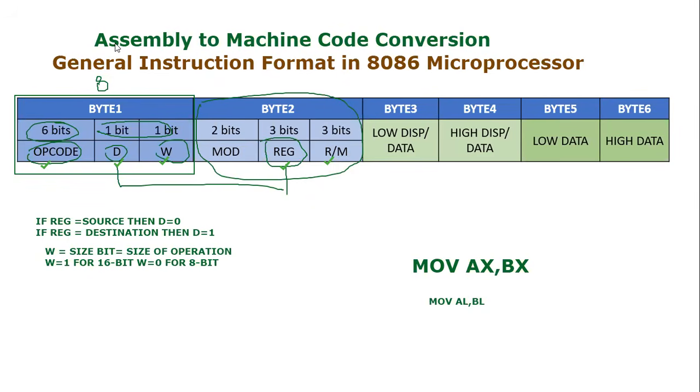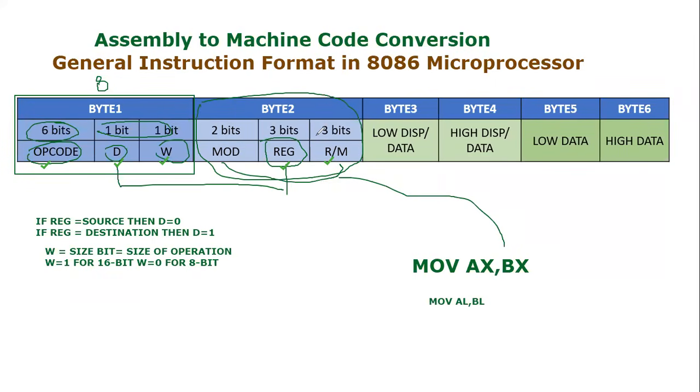So what we learn here is that mode and r/m are interrelated, and they are related with the other operand. The first operand was discussed in register field, and the other operand is discussed in r/m field, and r/m may be a memory. And if it is a memory, then we need to know whether it is base mode or index mode or direct mode, whatever the mode, and that will be dictated by mode field. Okay, so these are the first two bytes.